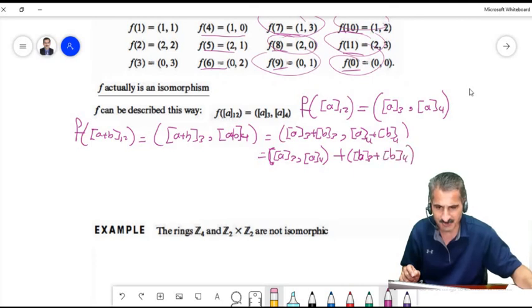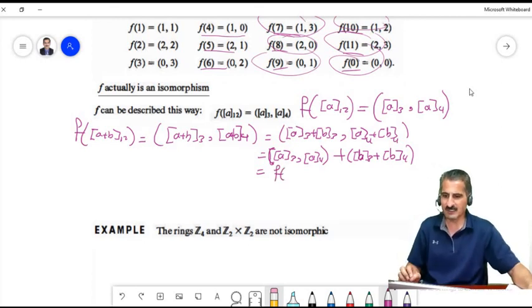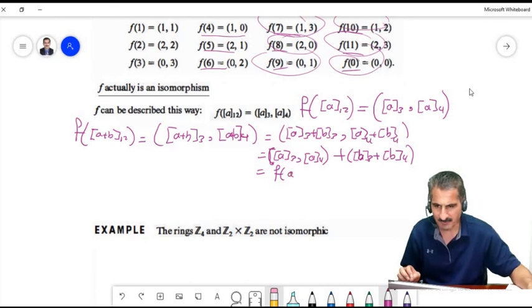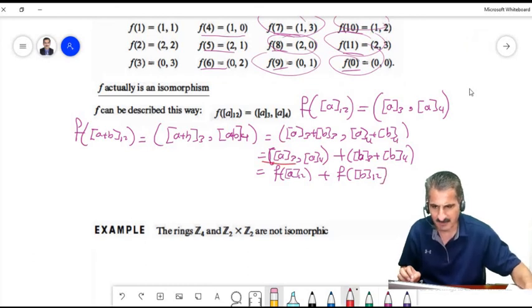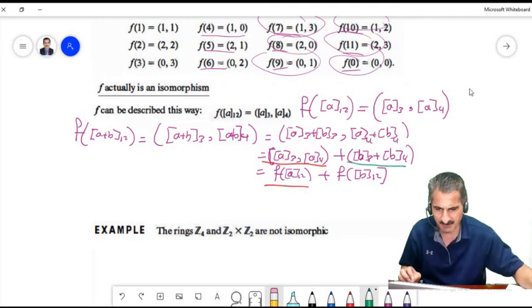Too much writing. And this is f of a plus f of b, and then we're done. So again, this part here is f of a, and this part here is f of b.